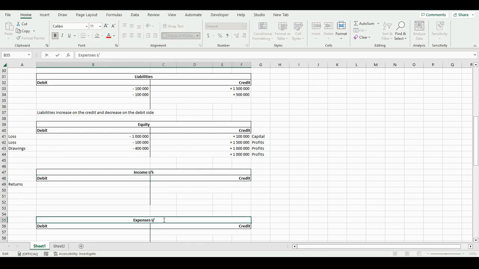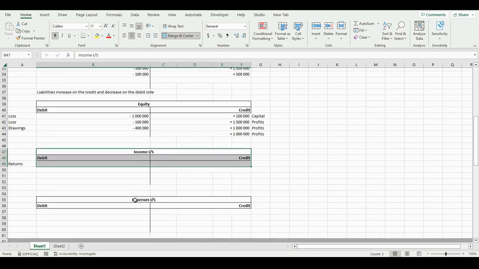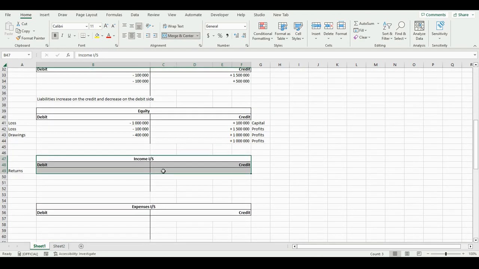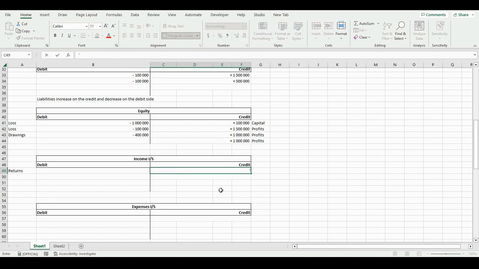Your expenses, obviously, are the opposite of income, so they'll behave in the opposite direction. So if income behaves like liabilities, it increases on the credit side. Okay, I think you understand the logic now. Basically, they increase here. Every time you make a sale, they will increase here.